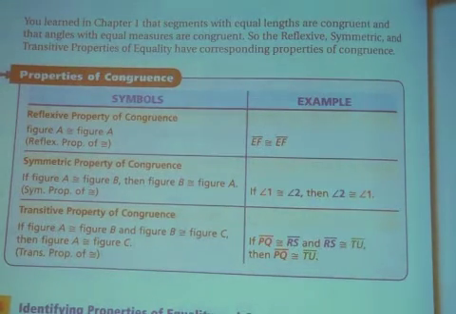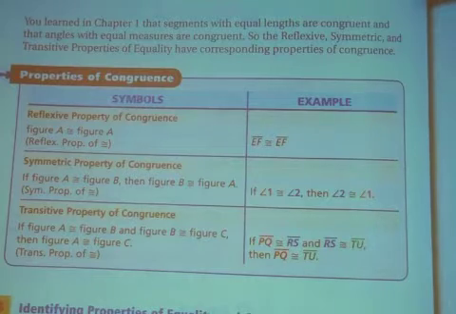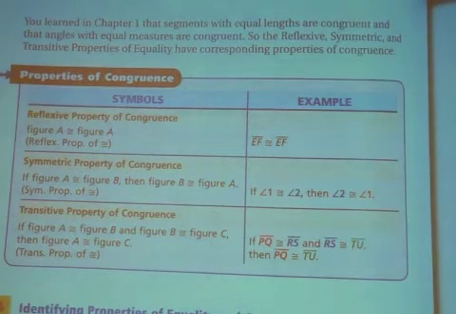On page 106 of your textbook, you see the table that has the properties of congruence. You need to know these properties of congruence just like you need to know the properties of equality. So the reflexive property of congruence means one shape, which they're calling figure A, is congruent to another figure A. Notice how the book recommends abbreviating that, reflex prop of, and then you use the congruent sign.